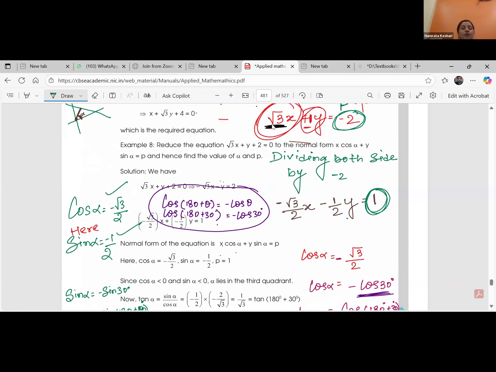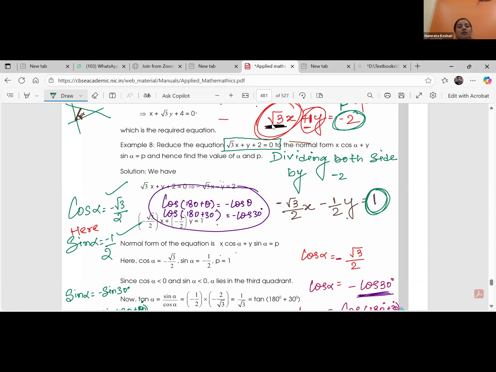Example number 8. Reduce the given equation to the normal form. We are having the equation root 3x plus y is equal to 2, and we are trying to write it in the format of x cos alpha plus y sin alpha is equal to p. What we did first, we arranged our p. We realize it can't be negative, so we kept it positive. Then we divided both sides by 2. Why?